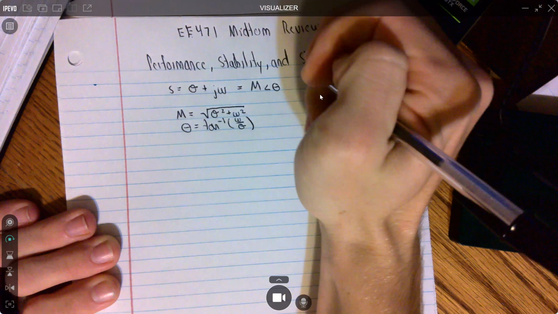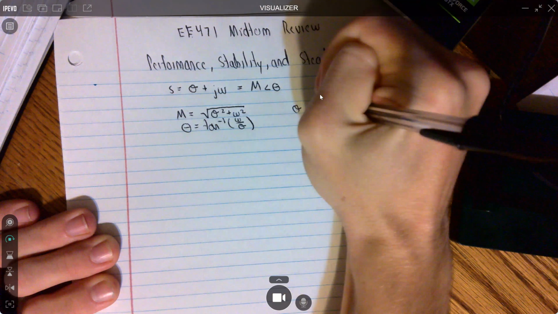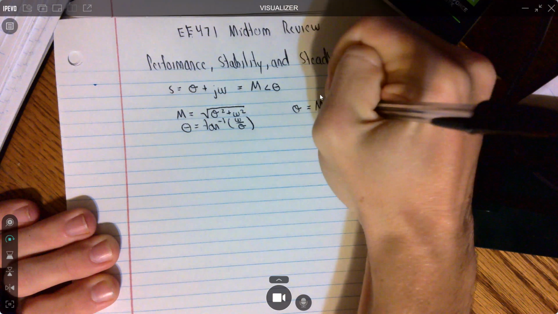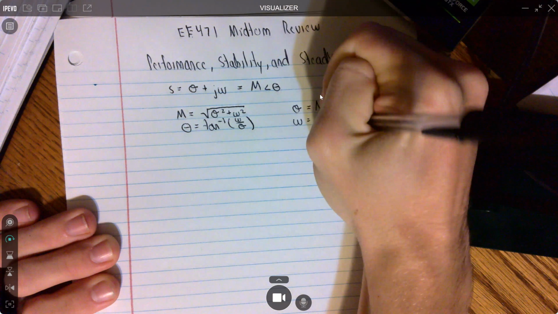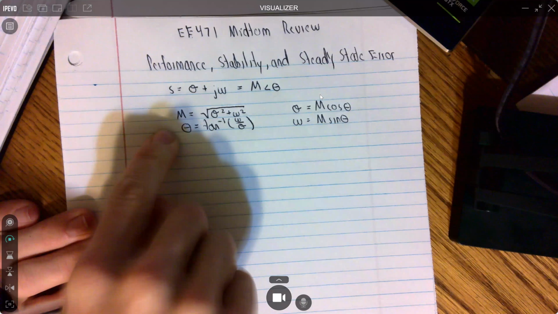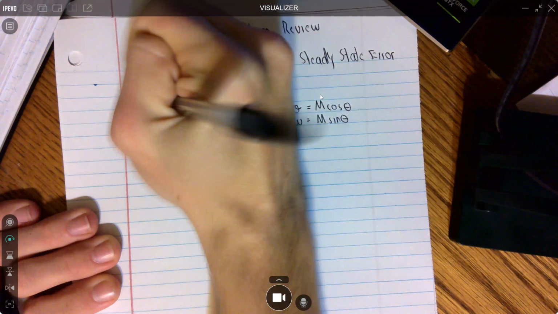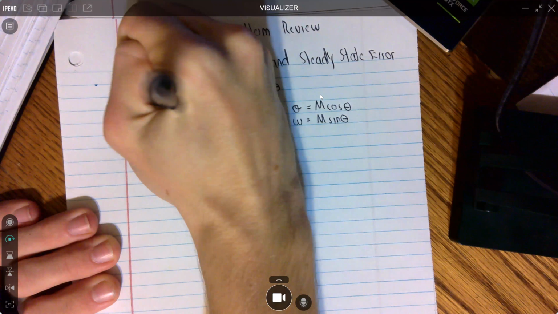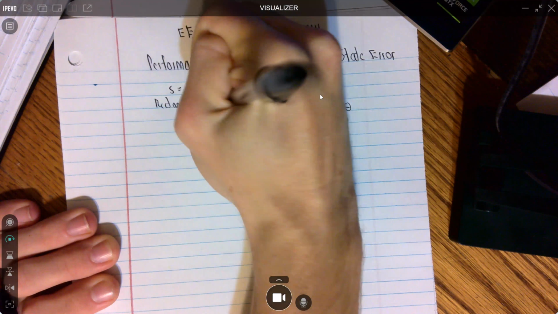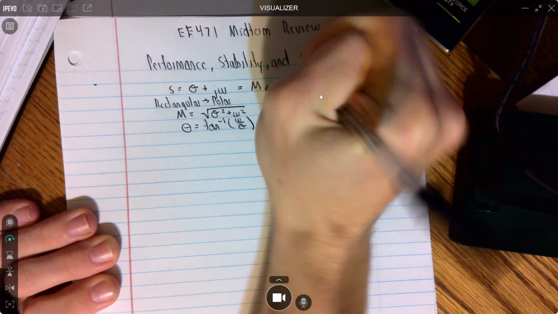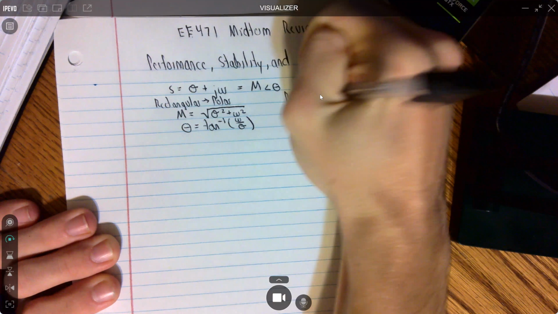If we have to calculate sigma, sigma is equal to M cosine theta, and omega is equal to M sine theta. This would be from polar to rectangular.